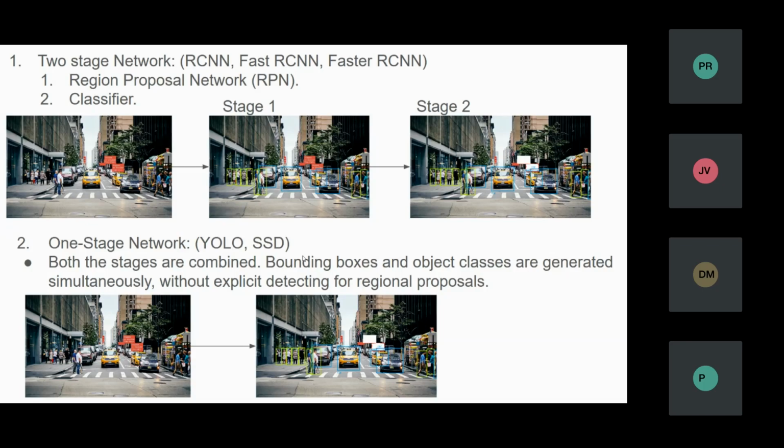A region proposal network proposes the candidate regions in the image, and once those candidate regions are ready, those regions are further classified, whether the containing bounding box has a person in it or a car in it or a different kind of vehicle. The examples of a two-stage network are RCNN, which is region-based convolutional neural network, fast RCNN, and faster RCNN.